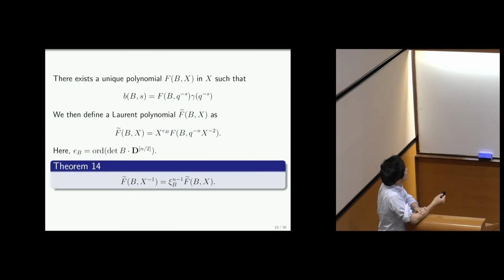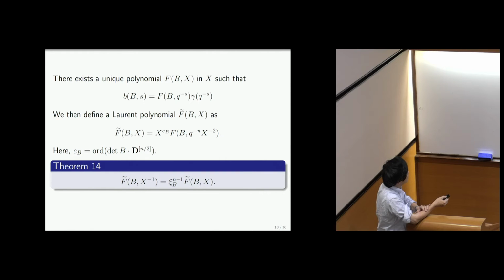So there exists a unique polynomial F(B,x) such that the Siegel series is equal to gamma(q^{-s}) times F(B, q^{-s}). Then, as before, we can define a Laurent polynomial F tilde(B,x) by this formula, where this is x to the minus e(B), and e(B) is the order of determinant B times d^{n/2}.